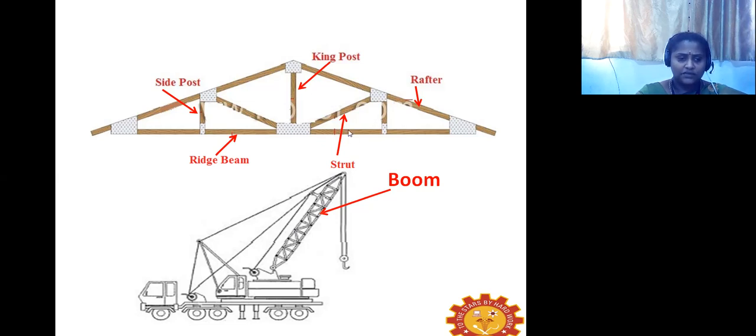Boom, strut. By seeing this picture, you could clearly understand the meaning of strut and boom. All these terms come in steel structures only, but when we are dealing with columns, this is also a technical term related to columns.